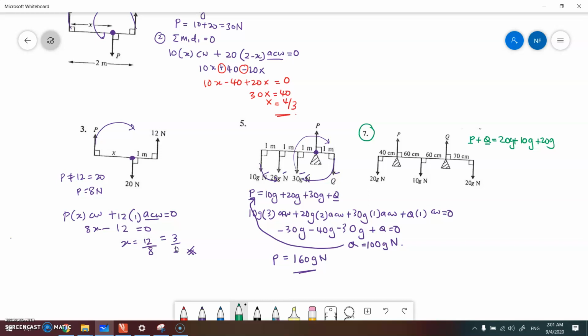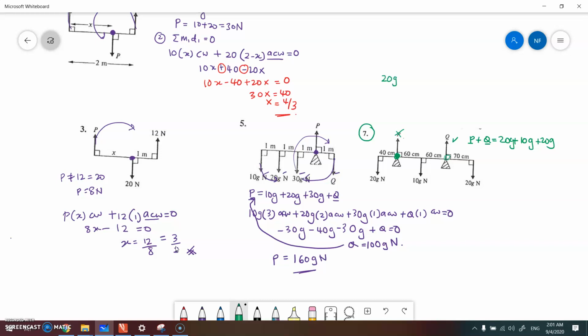So you can use any point to find the moment, where the moment is equal to 0. If we use the point here, P will be eliminated, so you will get Q. If you use the point here, then you will get P. Let's say we use the point here at P.